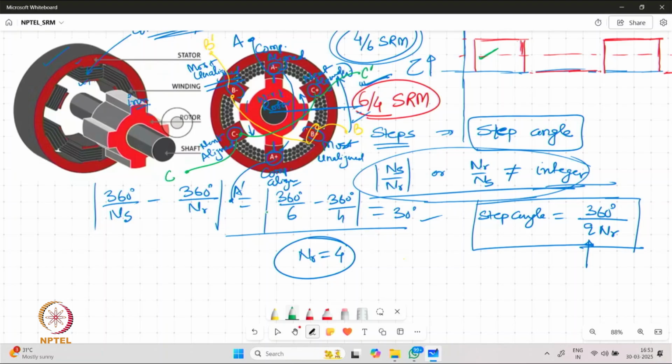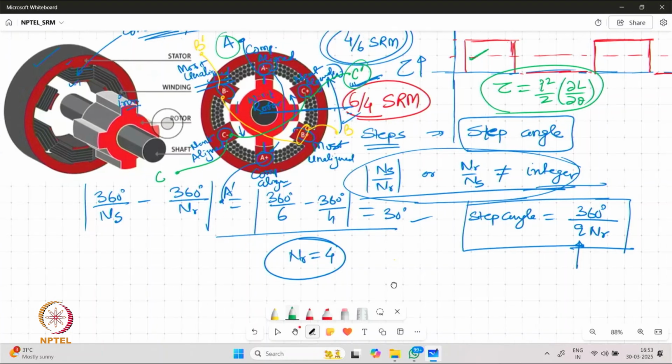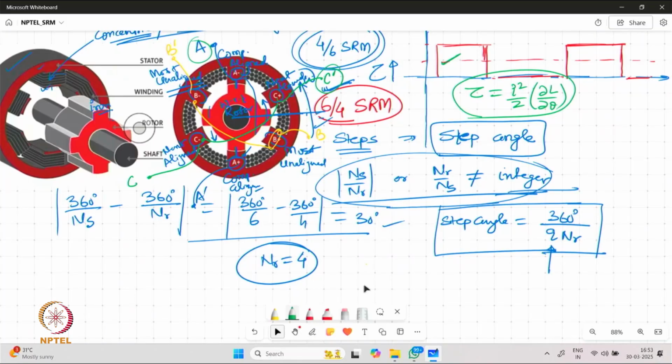It should be noted that because the torque production is independent of the polarity and direction of current, marking the terminals plus or minus is not going to make much difference in SRM. So what we find is that based on the configuration of the coils, the structure of the machine and the position of the rotor, we can decide how many phases there are on the machine.